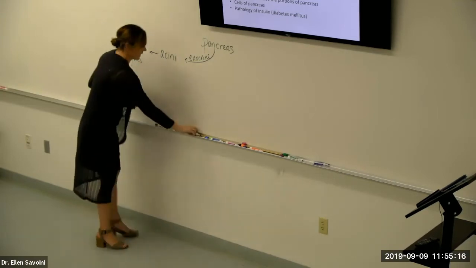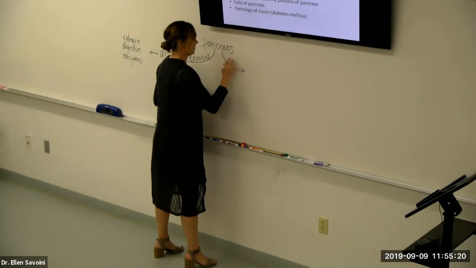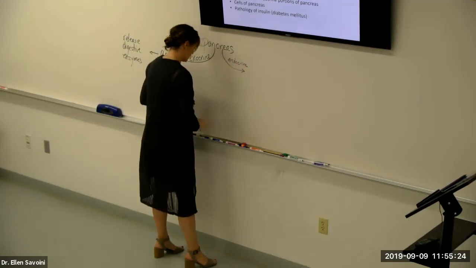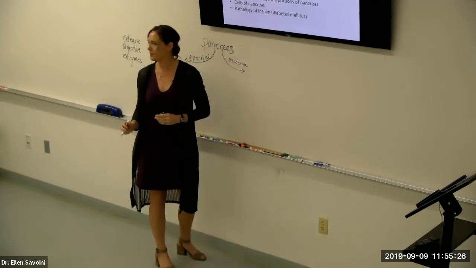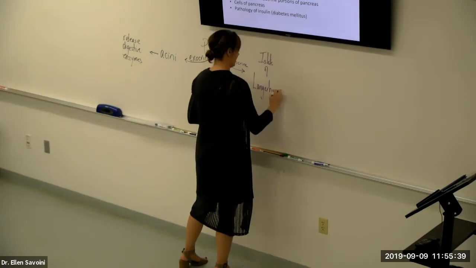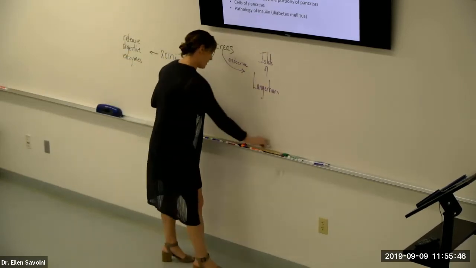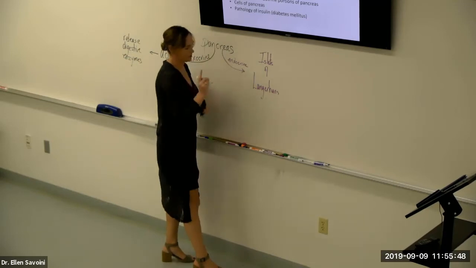Okay. And the endocrine portion is called what? Pancreatic islets or islets of Langerhans. Islets of Langerhans. They have two sets of cells.